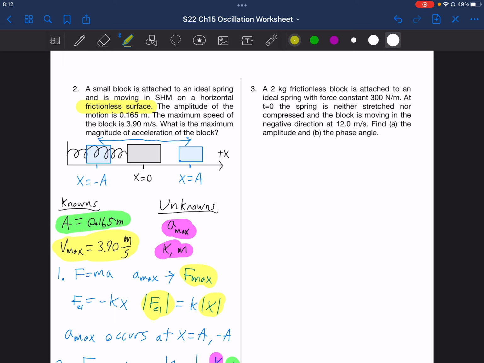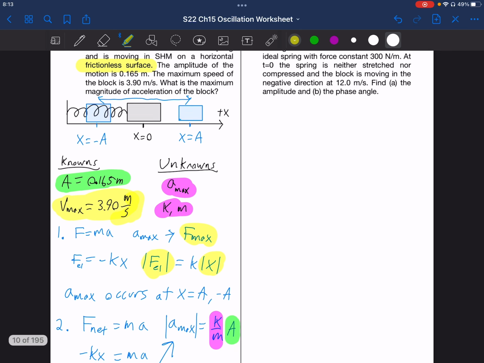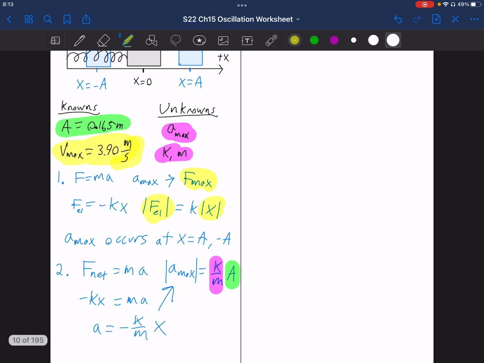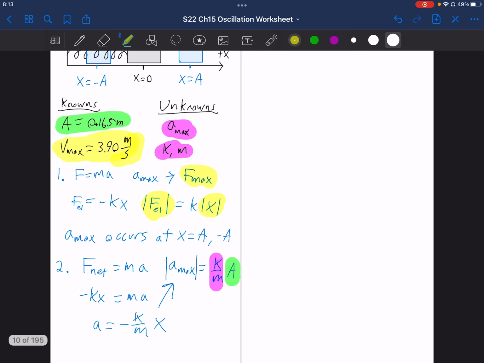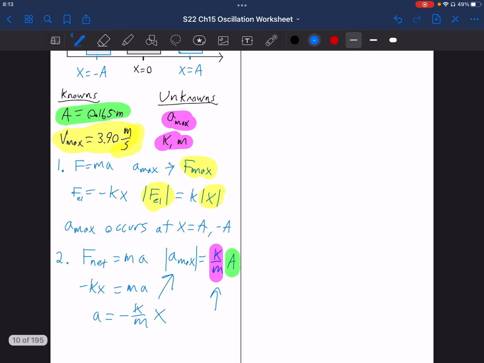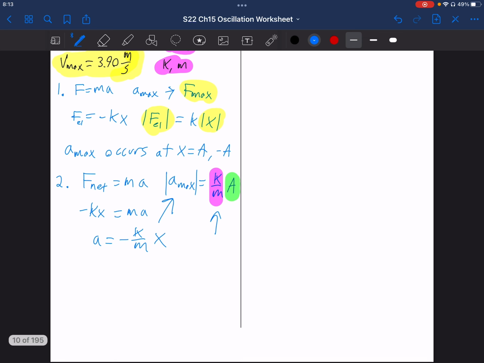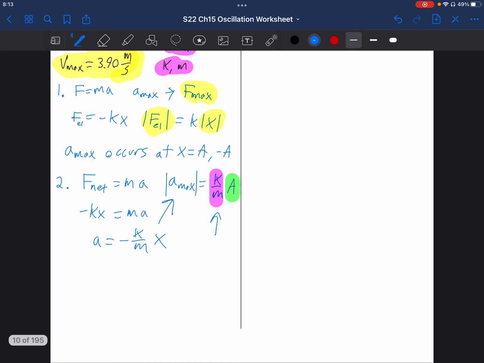And the fact that we have a known about our max velocity tells us something about the energy at one given location in this oscillation, which can help us solve for other unknowns. So k and m are unknowns. We're not going to be able to solve for both of them, but we don't need to know both of them. All we need to know is their ratio. And so let's go ahead and try to use energy to solve for their ratio.